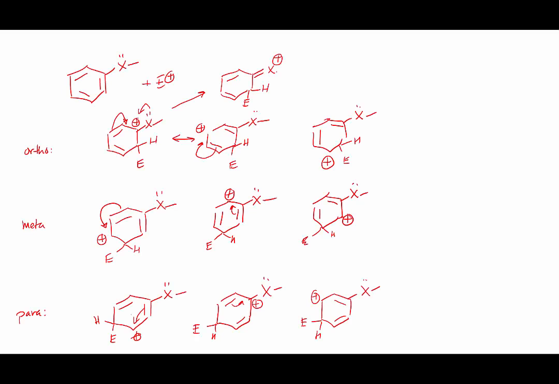So if I share the pair of electrons off of the group that's attached, what do I have? I now have a 4th resonance structure.